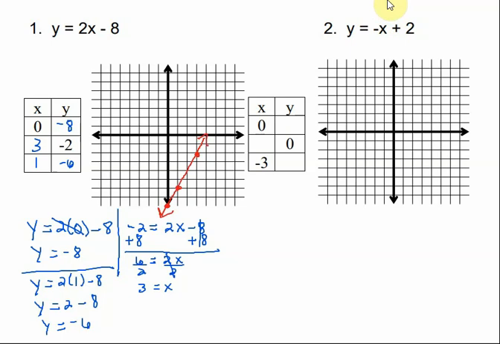Okay, let's try the next equation. So we're going to plug in 0 for x first. There's no such thing as a negative 0, and 0 just goes away. So we get y equals 2. Now we're going to plug in 0 for y.